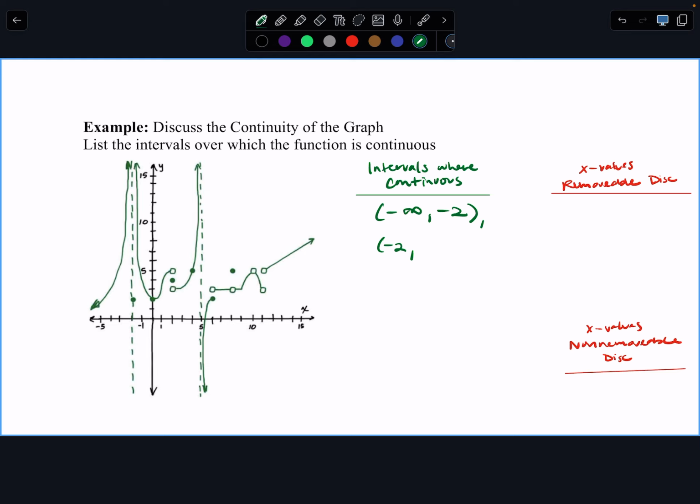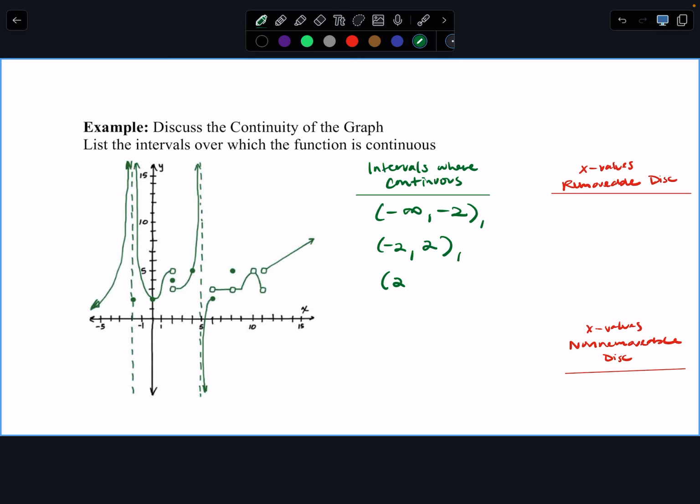Same reason for the next interval: as x approaches 2 from the right, that limit does not match the function value.